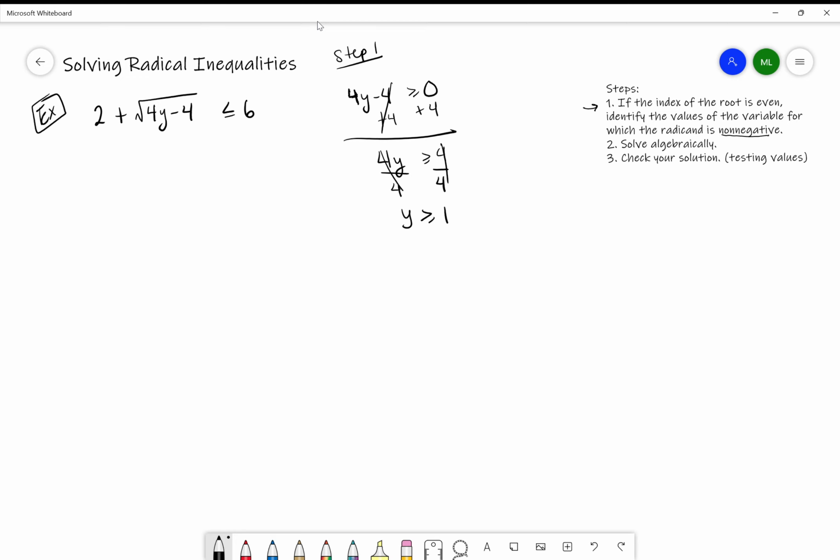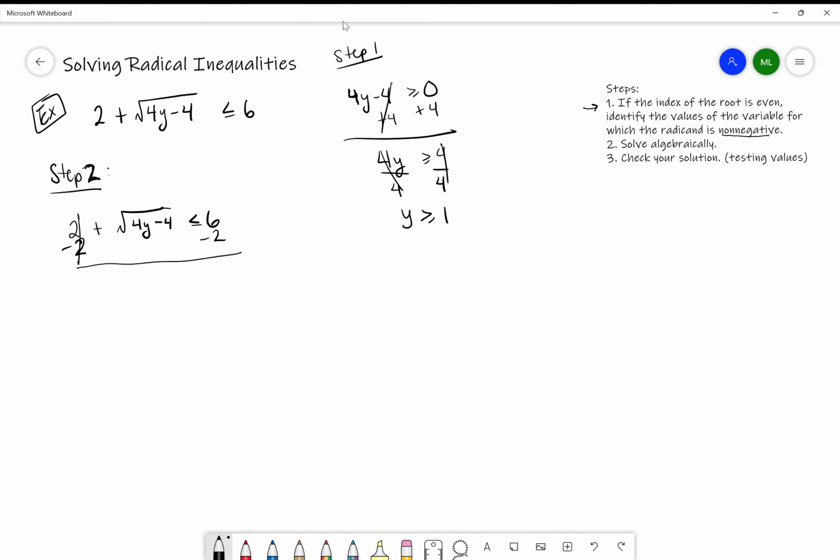Step 2, solve algebraically. Oh wow, I'm going all over the place today. So step 2, solve it as I normally would. The square root of 4y minus 4 is less than or equal to 6. Move the 2 to the other side.